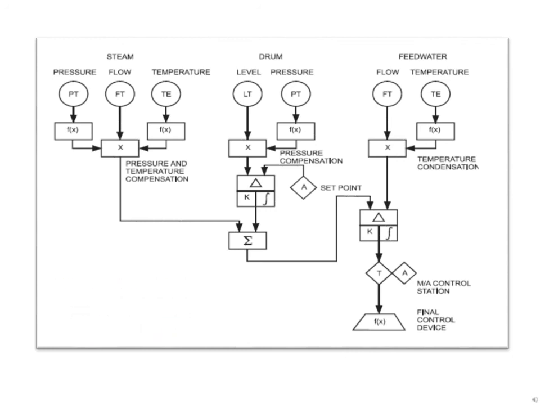The steam flow, drum level, and feed water flow transmitters at the top, also showing several functions such as summation, function generator, multiplier, and then the PID controllers, auto manual stations, and the final control element.